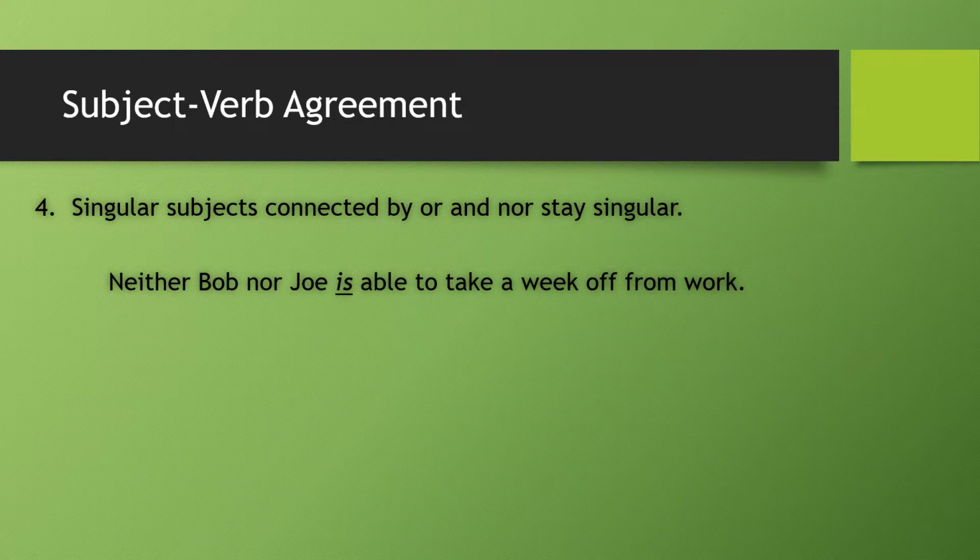Neither Bob nor Joe is able to take a week off from work. Now in this sentence we've got two subjects, as it were, Bob and Joe, but since it's talking about both of them individually, then it is a singular subject. Neither Bob nor Joe is able to take a week off from work.